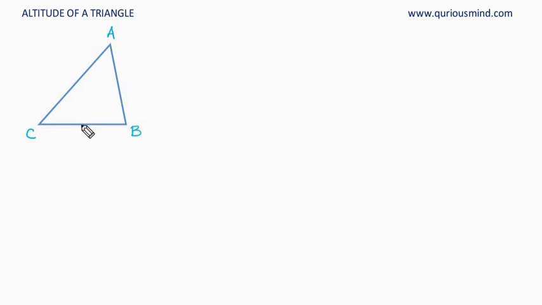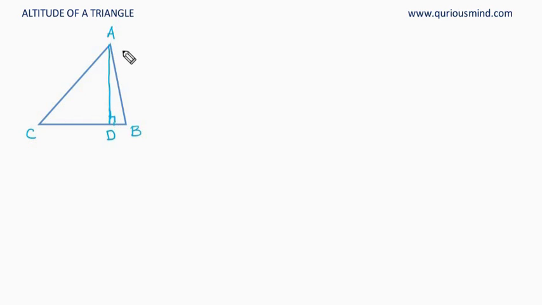Now in this case, the base is BC. So I have drawn a perpendicular line from A onto BC. Let me call this point D. Now in this case, AD is called the height of the triangle.